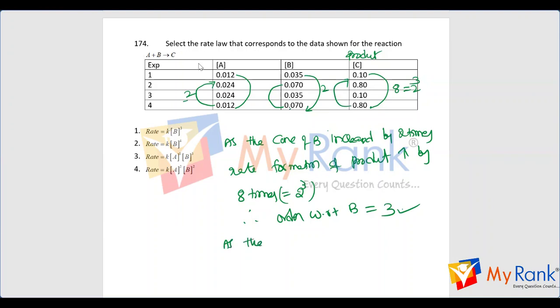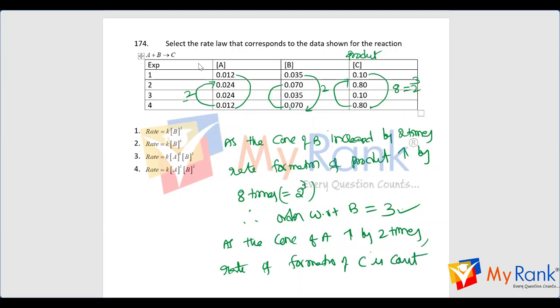As the concentration of A increased by 2 times, the rate of formation of C is constant.